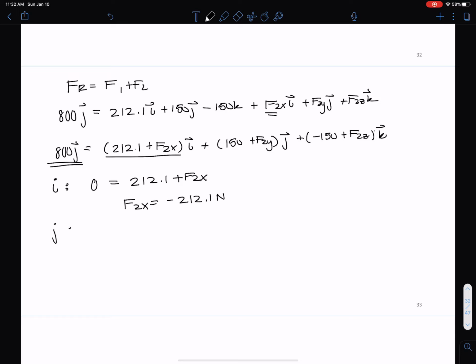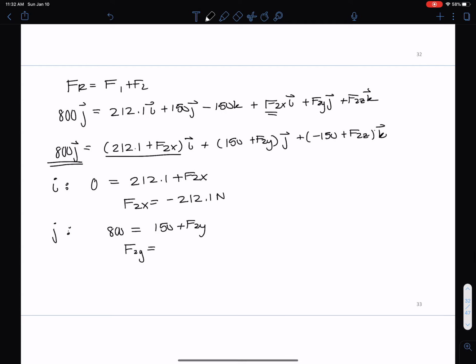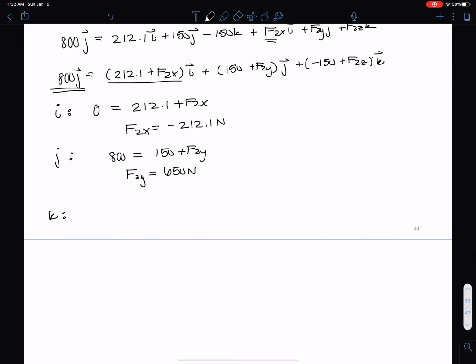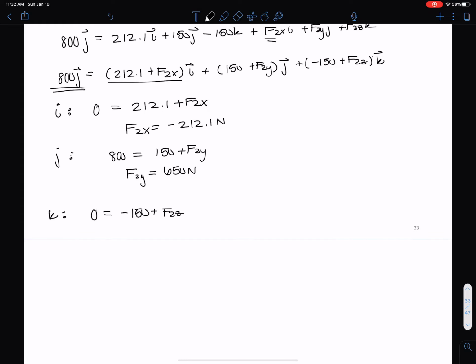Do the same with the j: 800 equals 150 plus F2y, so F2y is 650 newtons. And with k: 0 equals negative 150 plus F2z, and F2z is 150 newtons.